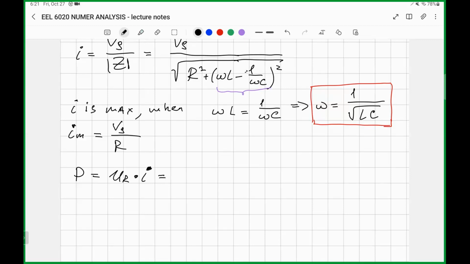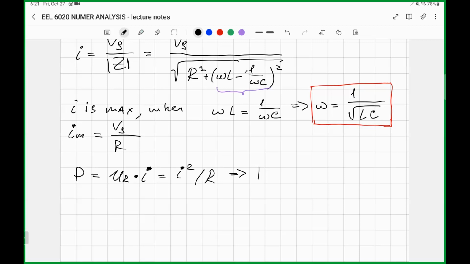Or since the voltage drop is current times R, we get current squared times R, right? And we conclude that for the given R, the active part of the power is maximum at this resonant frequency.